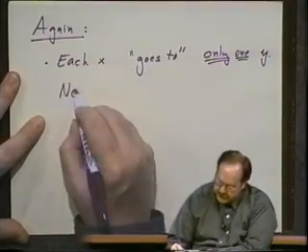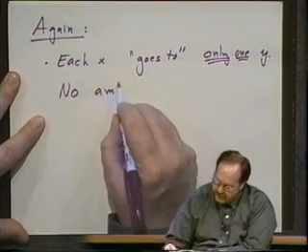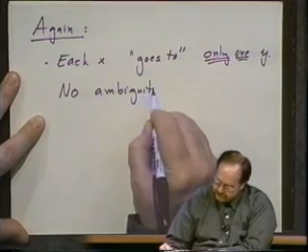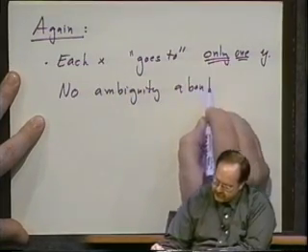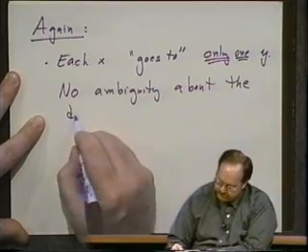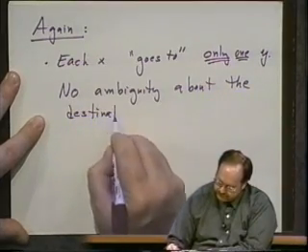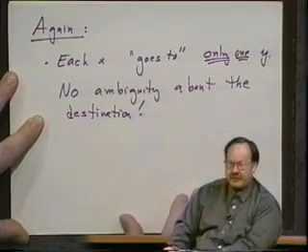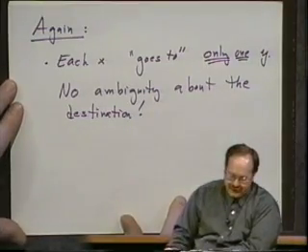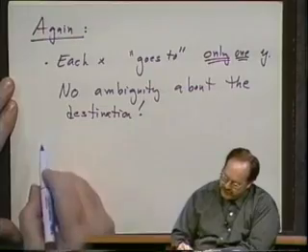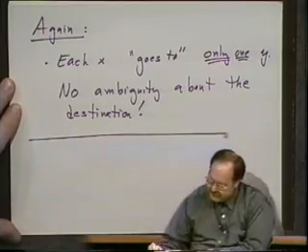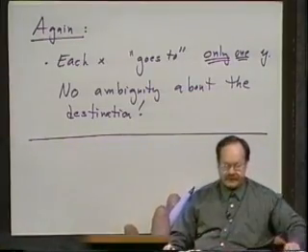Okay? Another way to say that, as I said before, is there's no ambiguity about the destination, if you think of it in terms of planes or trains or cars. All right? So there's no ambiguity about the destination. Now that's a nice colloquial way of saying this.